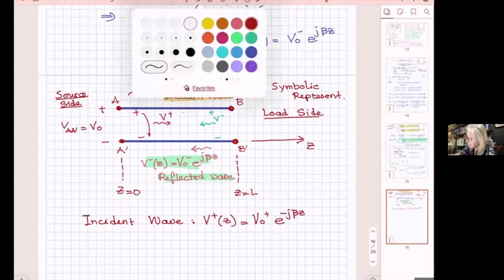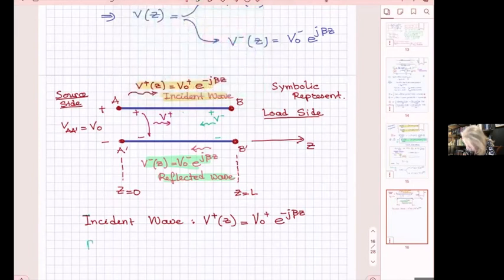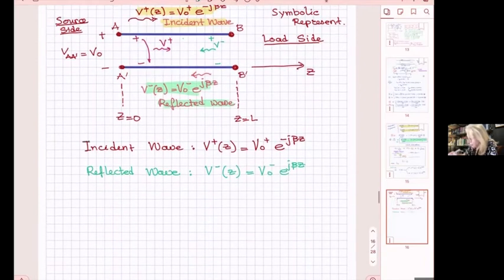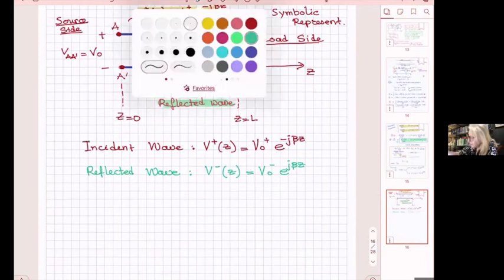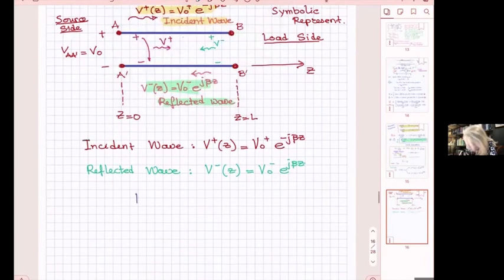And the reflected wave, which is V naught minus, and that's V minus, which is V naught minus e to the j beta z, where now beta from this wave equation is nothing else but the square root.